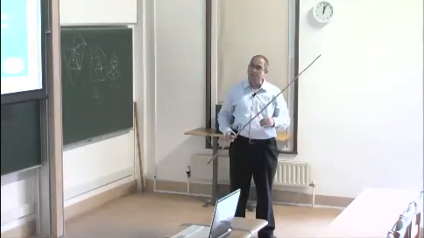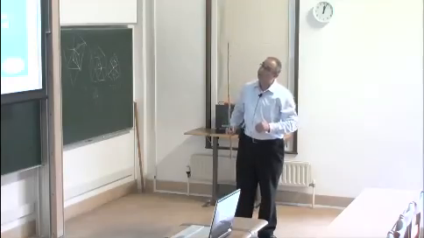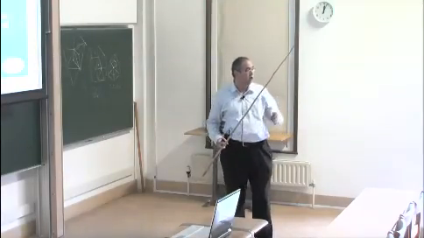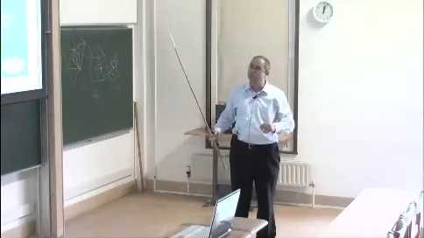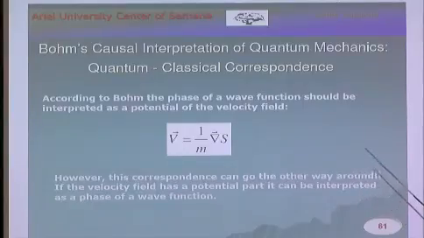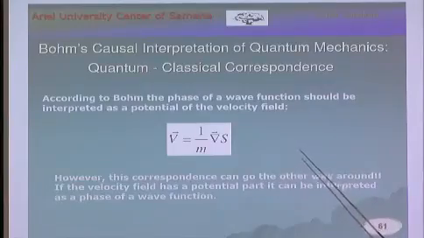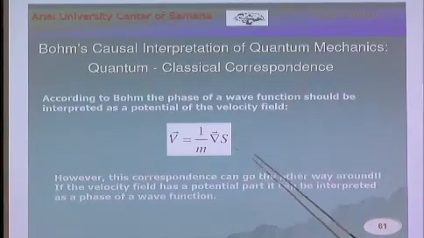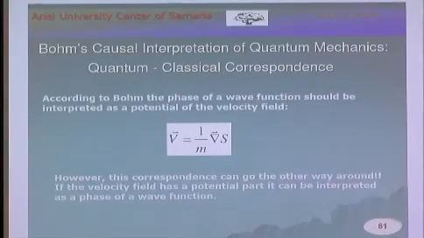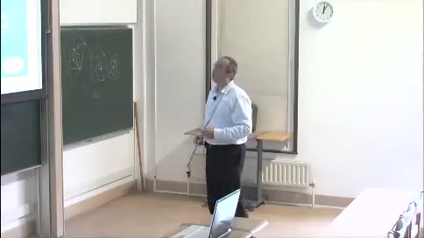David Bohm was not happy with that, and he said that, yes, there are trajectories to the electrons, and there is a velocity field to the electrons, and the velocity field is connected to this S through this gradient. So the phase of the wave function should be interpreted as a potential of the velocity field.